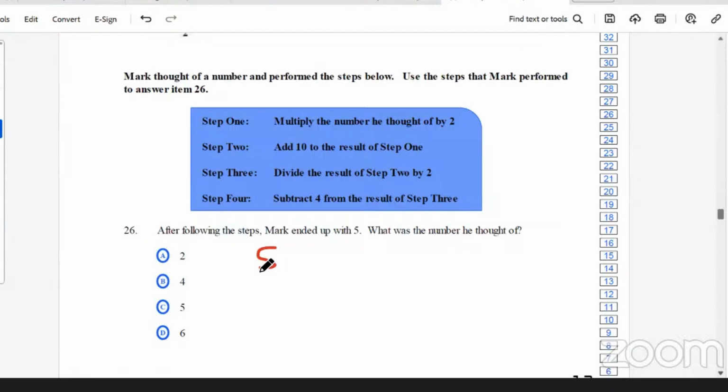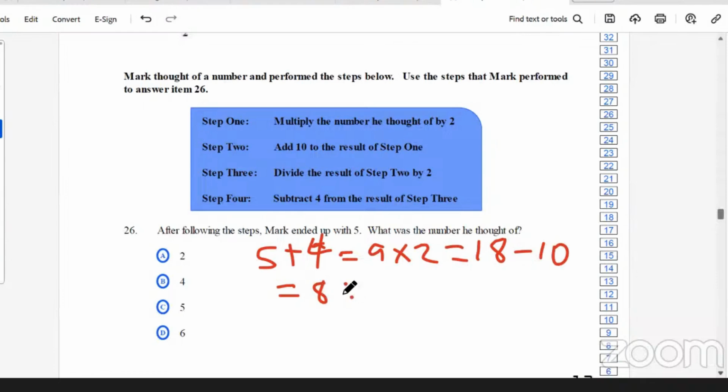Remember he had subtracted 4, so we have to add back 4, and that gives us 9. Then he had divided, so now we are going to have to multiply by 2. That gives us 18. Then he added 10, so now we have to subtract 10, and that gives us 8. And then he multiplied, so now we have to divide by 2, and that gives us 4.